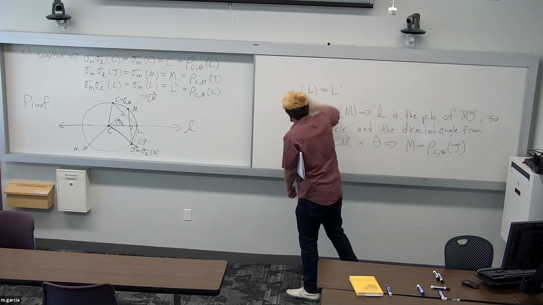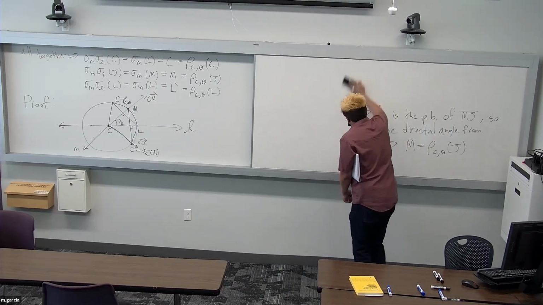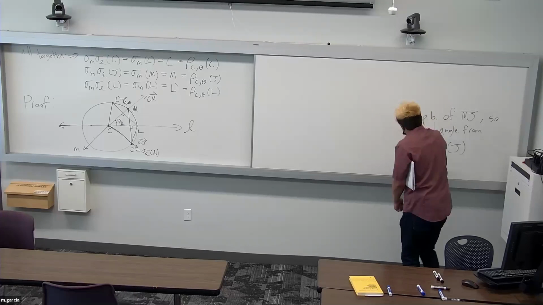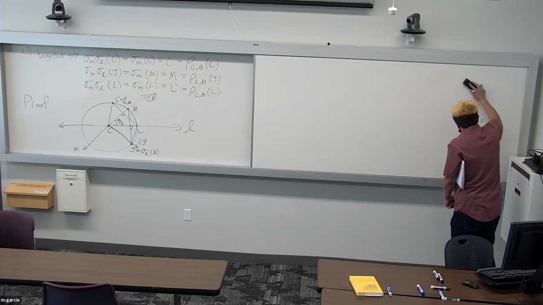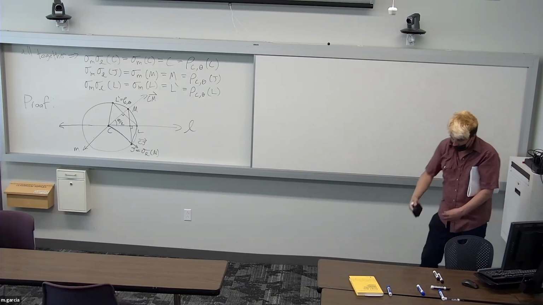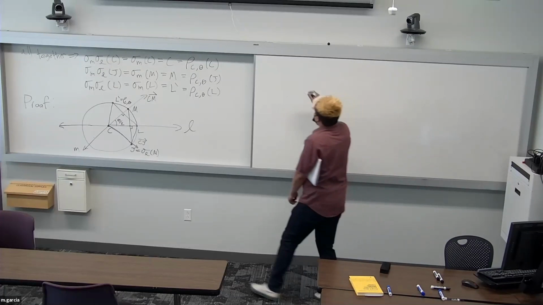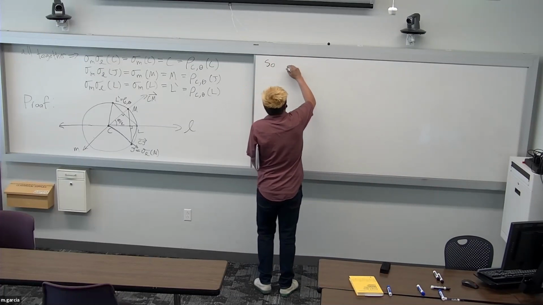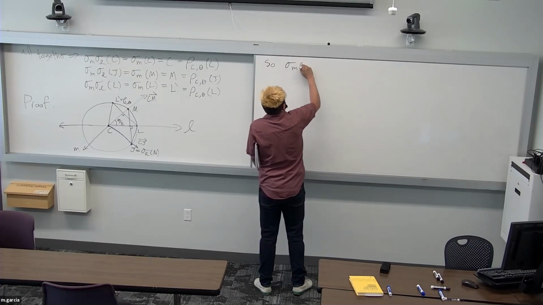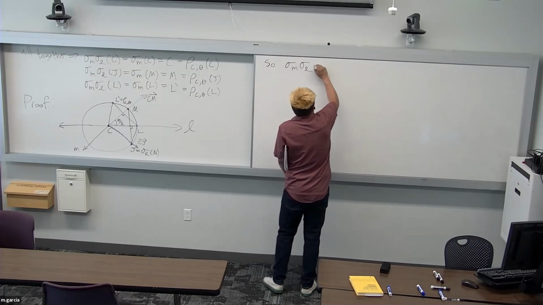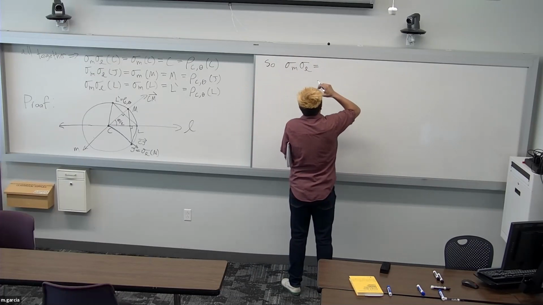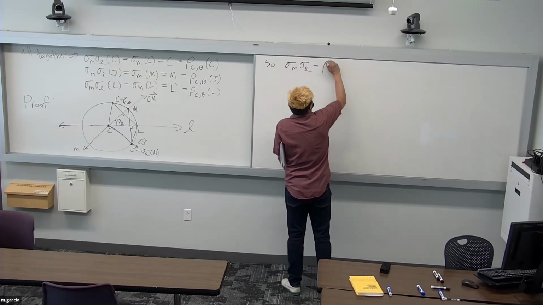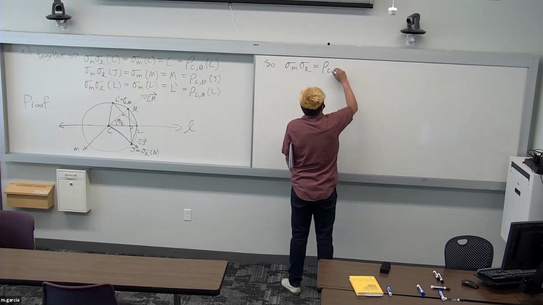Therefore, they must be the same. So sigma M, sigma L is equal to rho sub C comma theta.